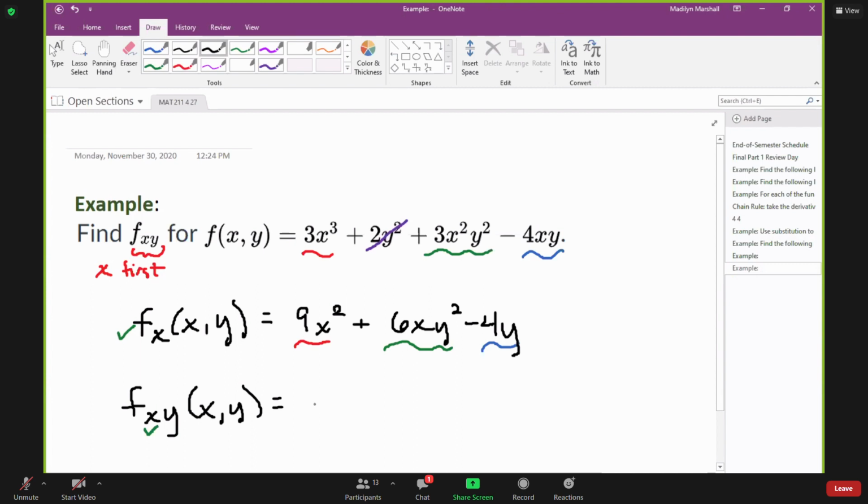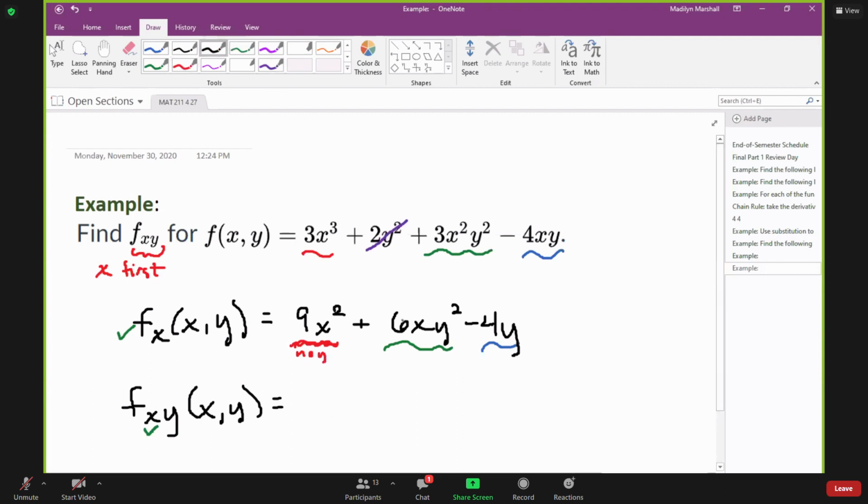what will we get? 6x times 2y minus 4? Yes. And we can simplify a little bit there still. But yeah, so the 9x squared is gone. That goes away because there's no y in it.